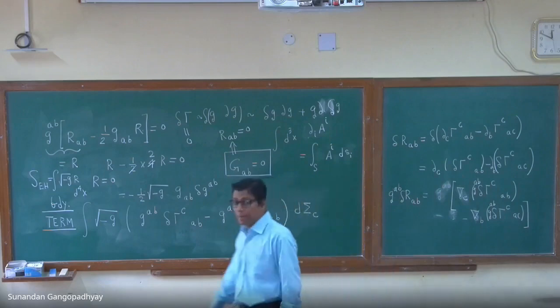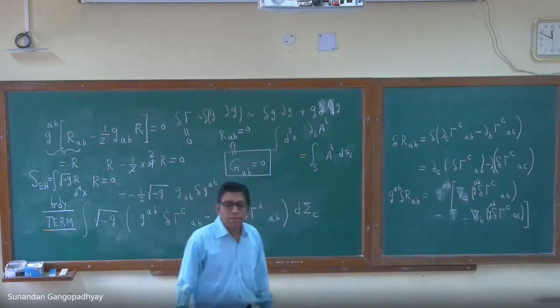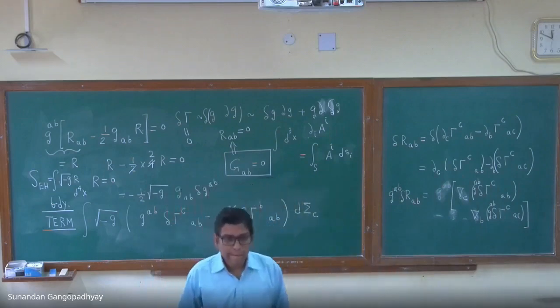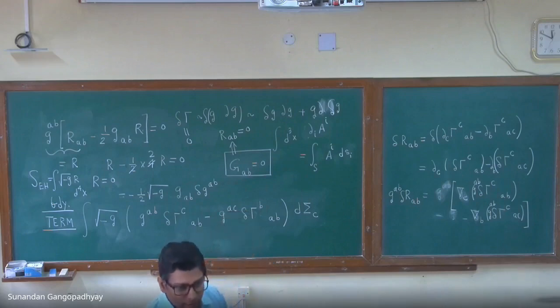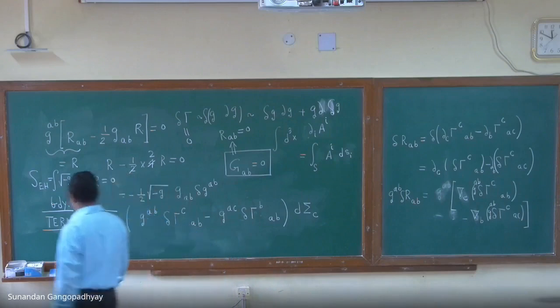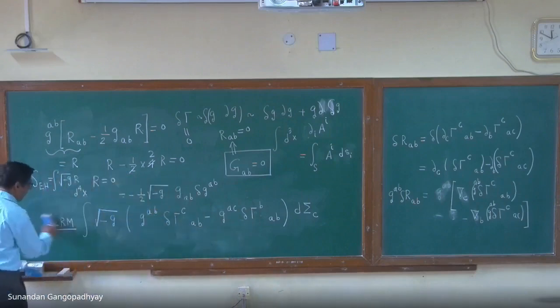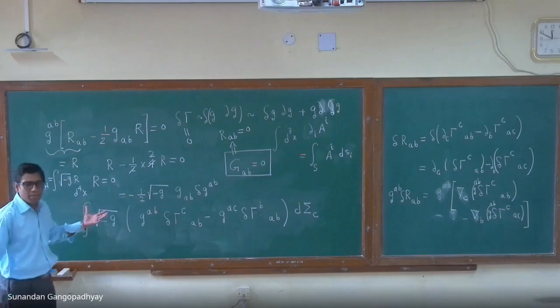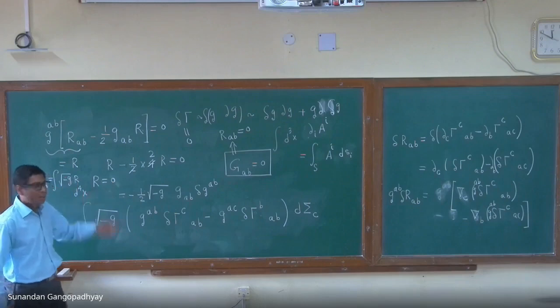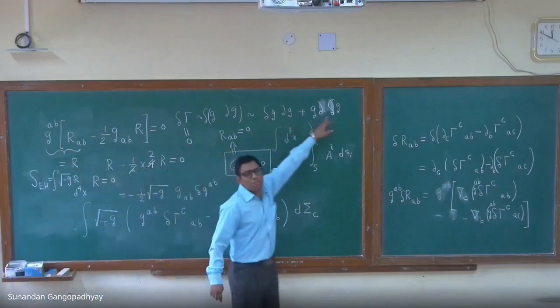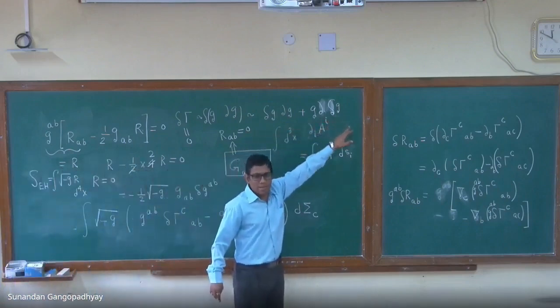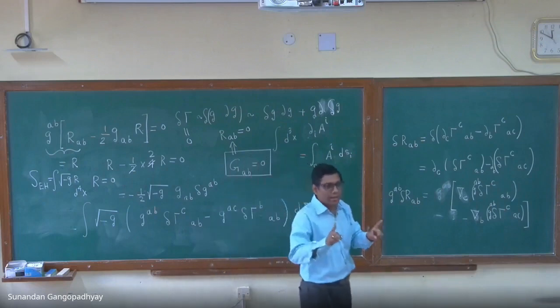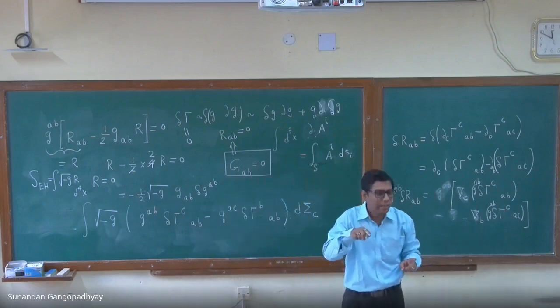We have to add an extra term to the action. What is that term? It is difficult to find, actually, but you can find it, it's not that difficult either. Basically you have to add some term whose variation will cancel one of these terms.